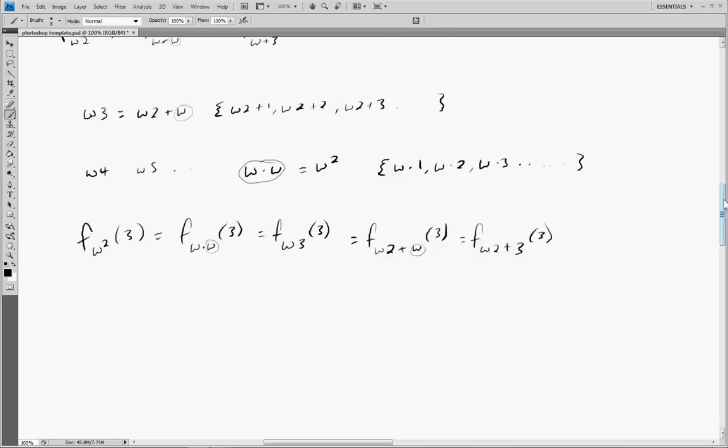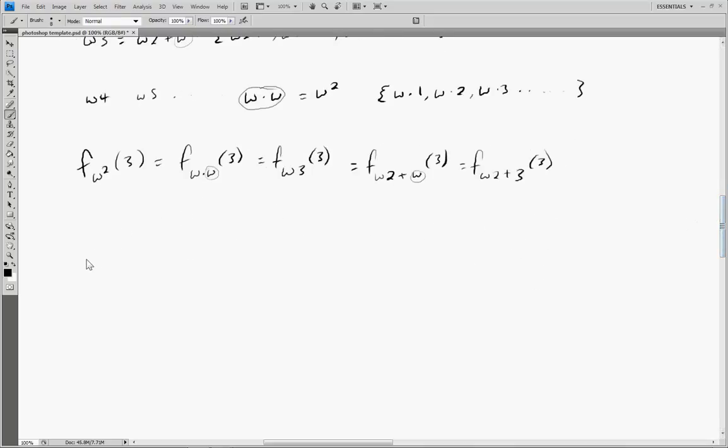So omega squared, we can go on from here to omega cubed, omega to the 4th, omega to the 5th, and so on, and even omega to the omega. Now this has a fundamental sequence as well, and it equates to omega to the 1, omega squared, omega cubed, omega to the 4th, and so on.